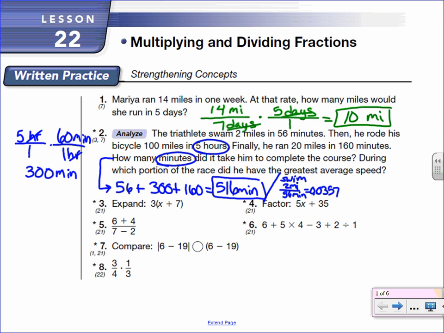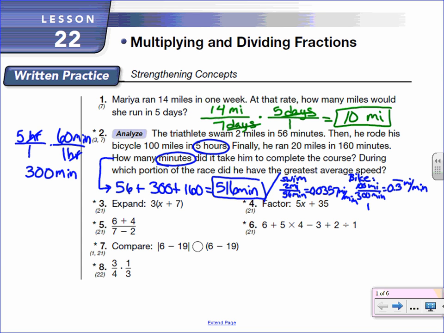And then for biking, he did 100 miles in 300 minutes. So 100 divided by 300 is 1/3, so 0.333, repeating. These are miles per minute.